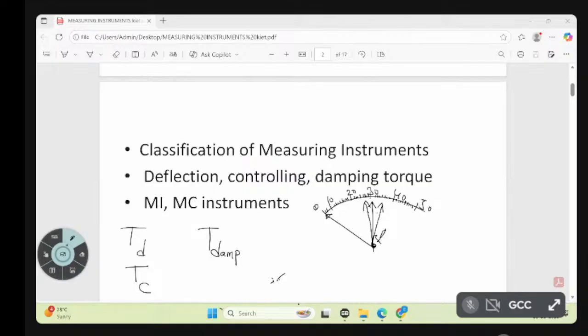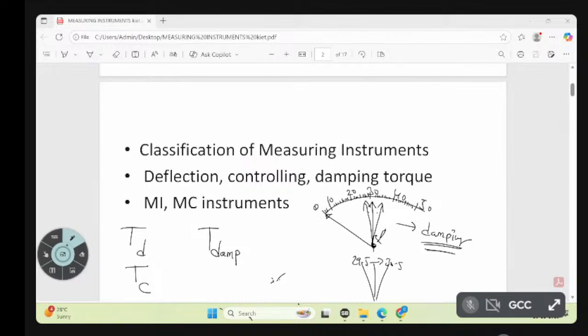It is because of damping. It keeps deflecting from 29.2 to 30.5 like this. So this is called damping. You cannot avoid damping, but you have to reduce the damping. So this torque is called damping torque.